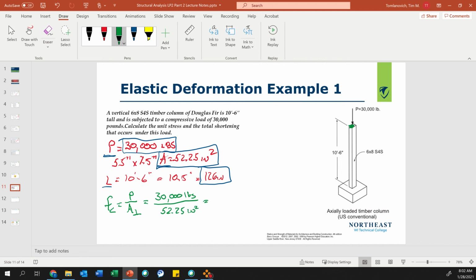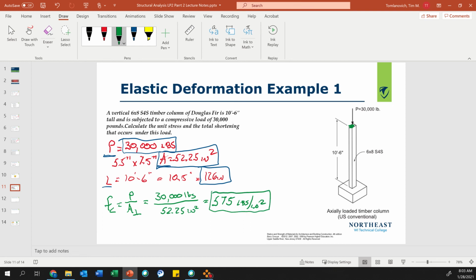And that equals, okay, 30,000 divided by 52.25, 574.16. I'm going to round it up to 575 pounds per square inch. Okay.